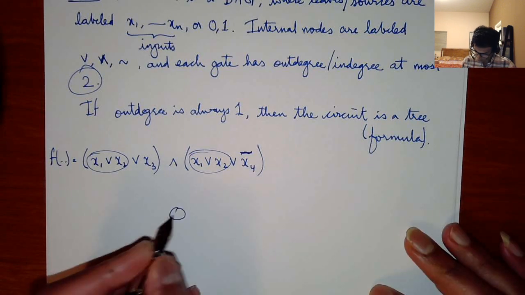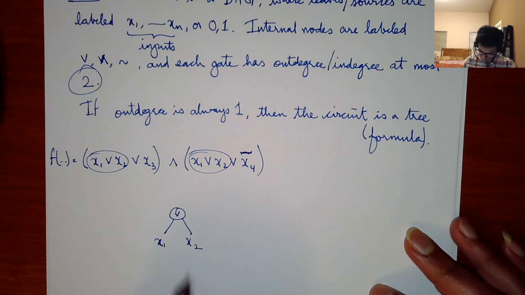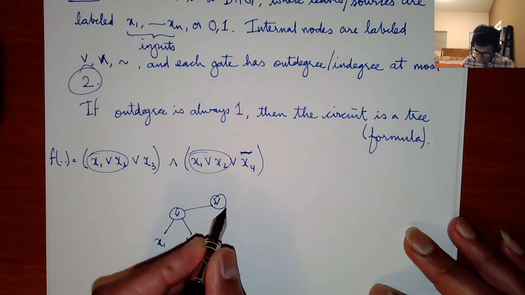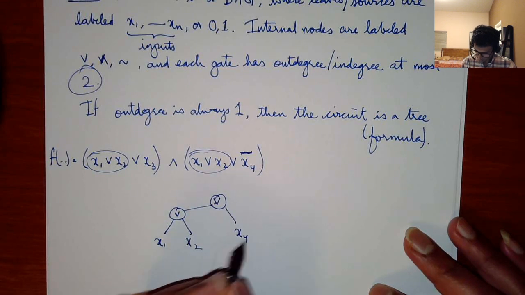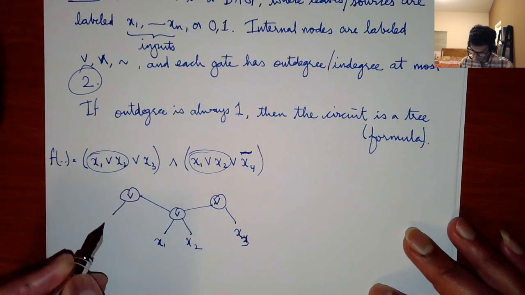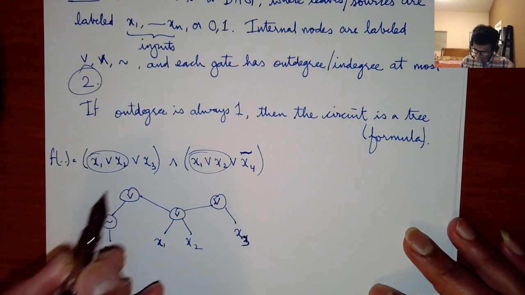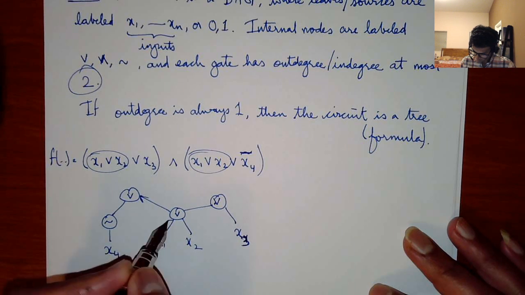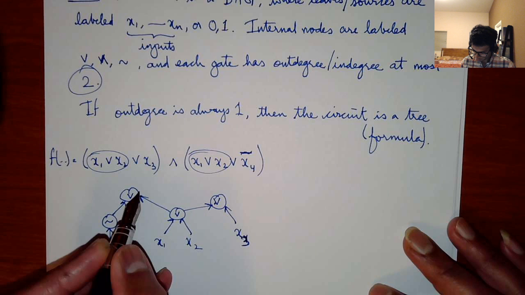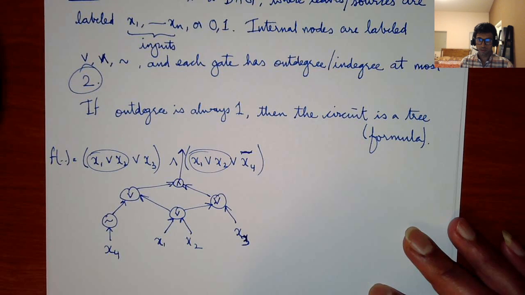So the way you would do that is you would say, here's x1, x2. This I can take another OR with x3 over here, and I'll take another OR with a NOT gate with x4, and then you could imagine directing all of these upwards, and then that is the output.